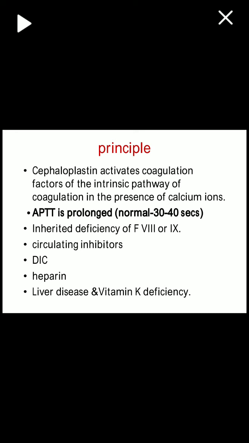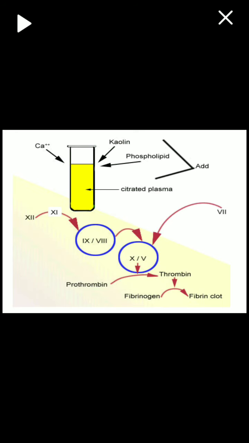In DIC both PT and APTT are increased. Heparin, an anticoagulant, liver diseases and vitamin K deficiency also increase APTT. This is the mechanism of showing the clot formation. If the clot formation takes more time, that means there is an increase in APTT.